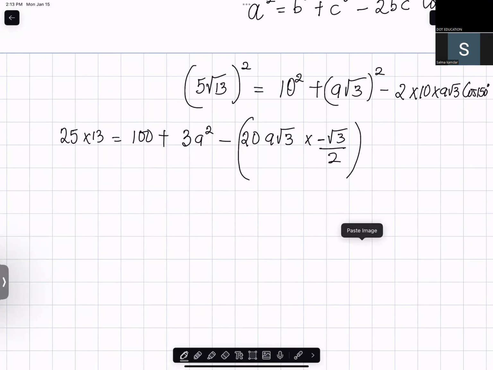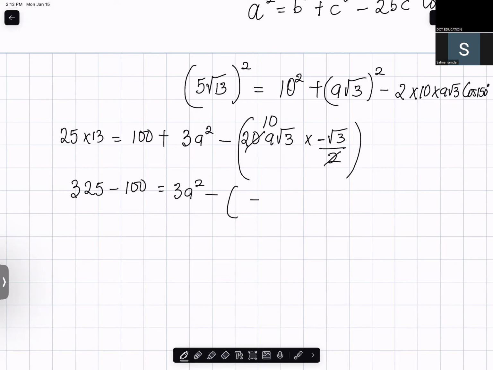So this is what we have. Then multiplying 25 by 13, we have 325 minus 100 equals 3a squared minus, this cancels out to give me 10. So I have 10a root 3 times my root 3 there, which is giving us minus 10 root 9.